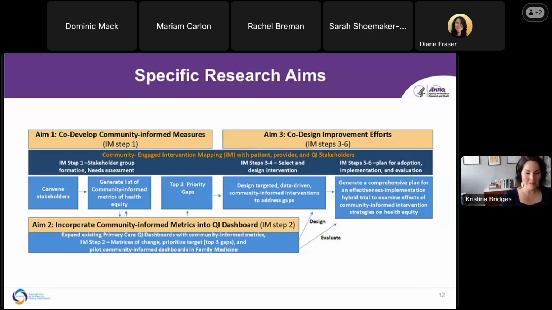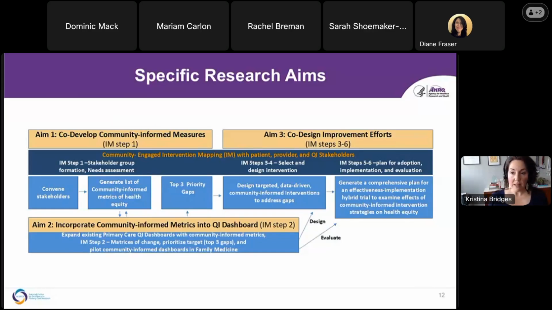So here are our specific research aims. Aim 1 includes the creation of the baseline dashboards, and so that's kind of the step where we are right now. And then we'll use these dashboards to co-develop community-informed measures. We'll share our current quality metrics stratified by patient subgroups and walk through the needs assessment step of intervention mapping with stakeholders.